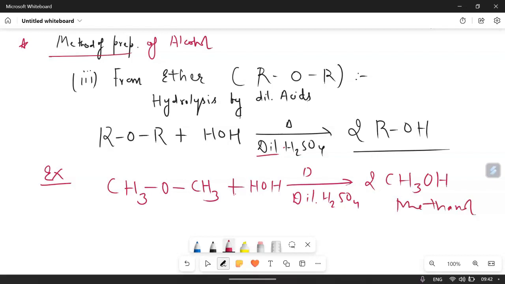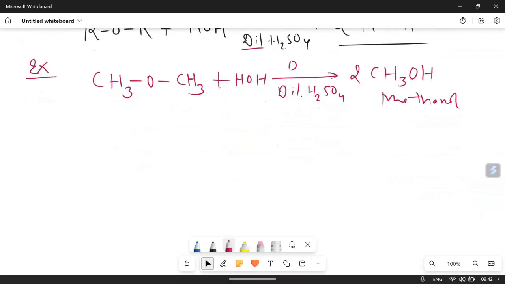What if the R part is different? If the alkyl groups attached to the ether are different, then in that reaction a mixture will form. For example, you have ethyl propyl ether, C2H5OC3H7, plus water.